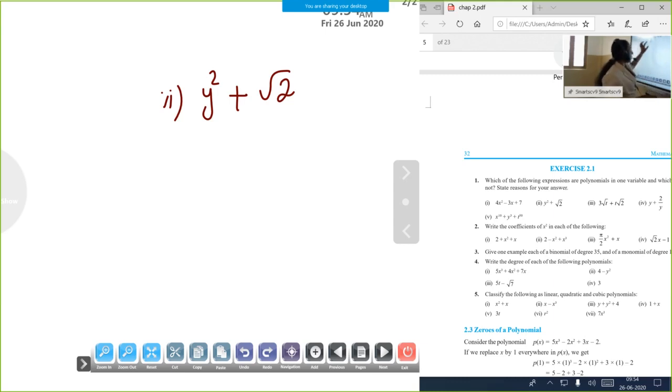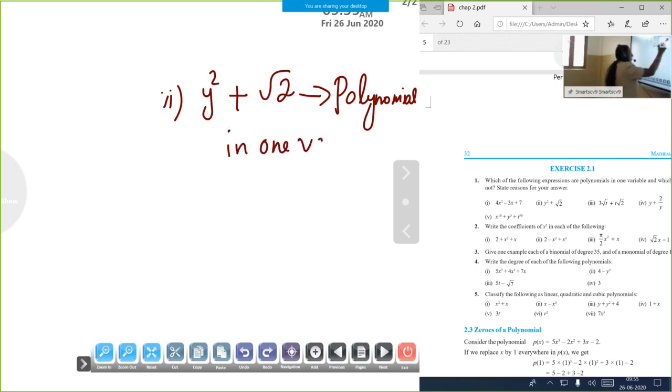Only the variable's power matters. So this expression is also a polynomial. In how many variables? There is only one variable, y. It's a polynomial in one variable.